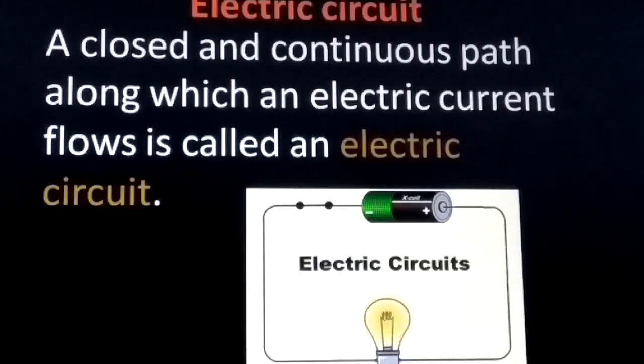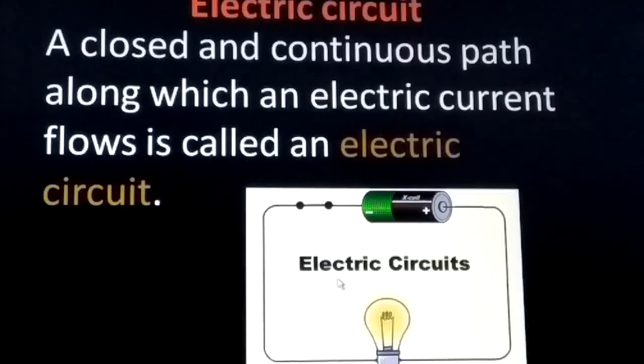Observe here: a closed and continuous path along which an electric current flows is called an electric circuit.